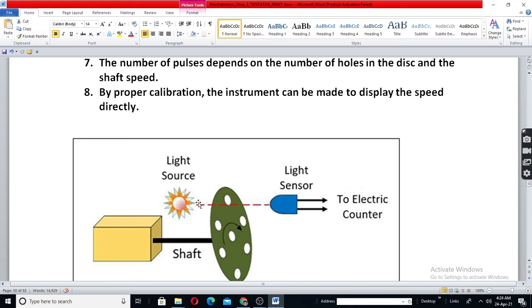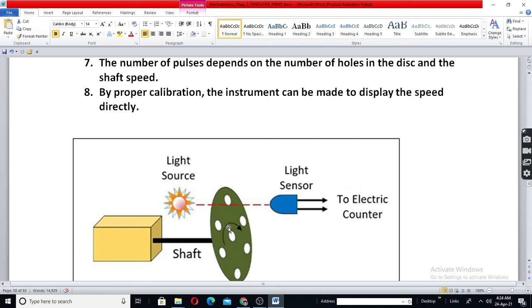Source will emit light and sensor will receive, and on the disk or shaft, you will have dark and white bodies. In the DC machine experiment, the shaft had been black or dark color.